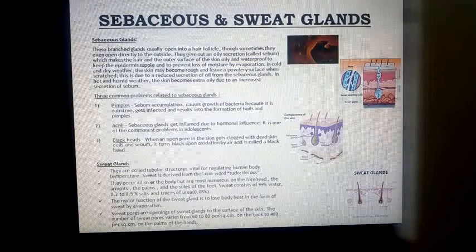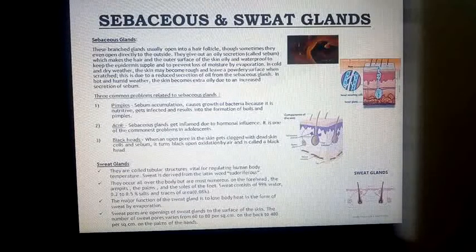Now sweat glands. They are coiled tubular structures vital for regulating human body temperature. Sweat is derived from a Latin word, sudoriferous.